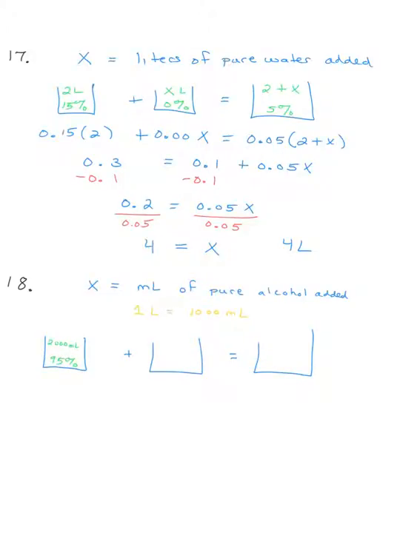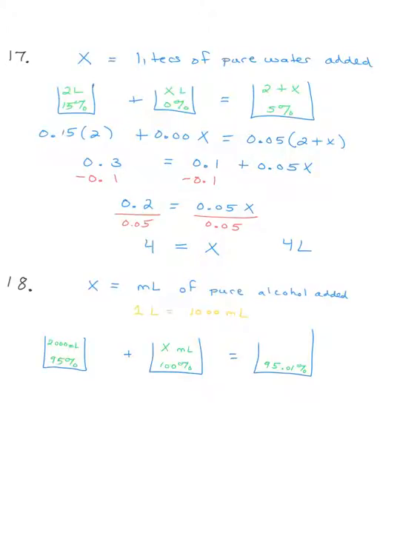Okay, with this change, it's now asking how many milliliters of pure alcohol, so that's 100% alcohol, do you mix in to end up with something that is 95.01% alcohol.